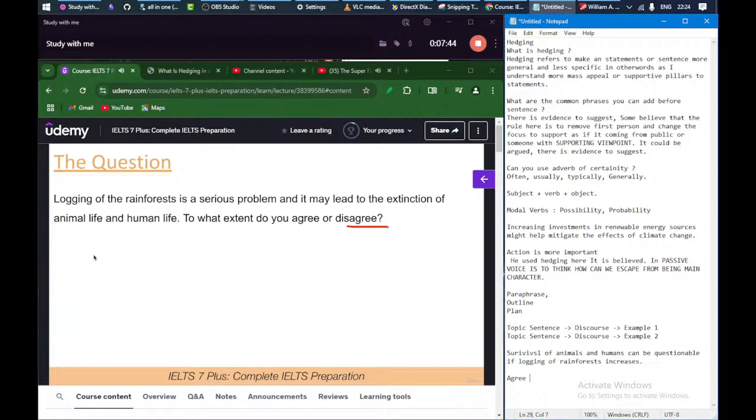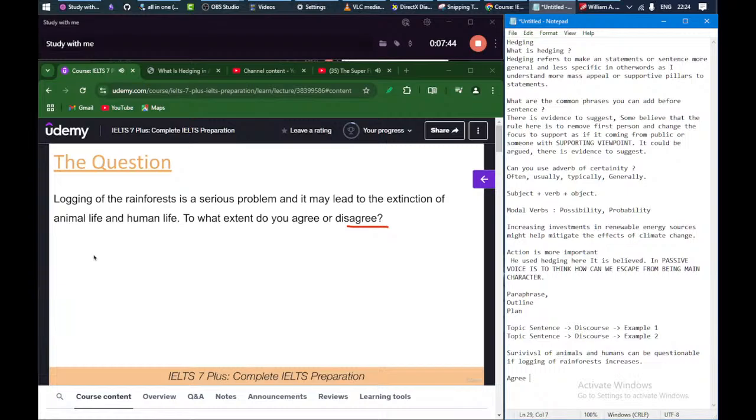Okay then, so there's no denying it is a serious problem. However, there are other issues which play a part in the extinction of animal life and human life. It's not the only one. There are things like burning fossil fuels, which are really catastrophic for the environment and increase CO2 levels inevitably.